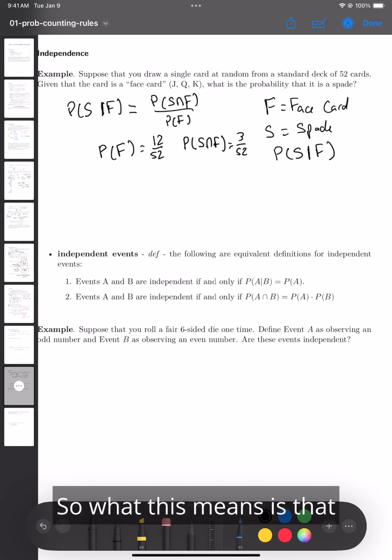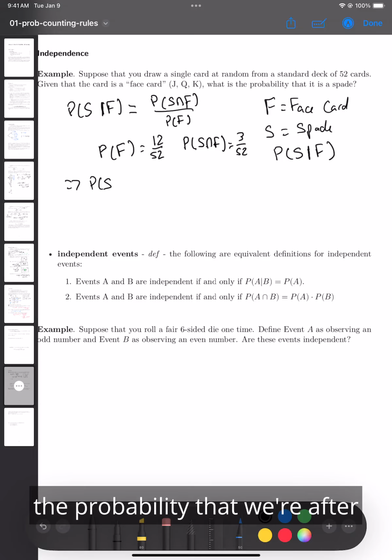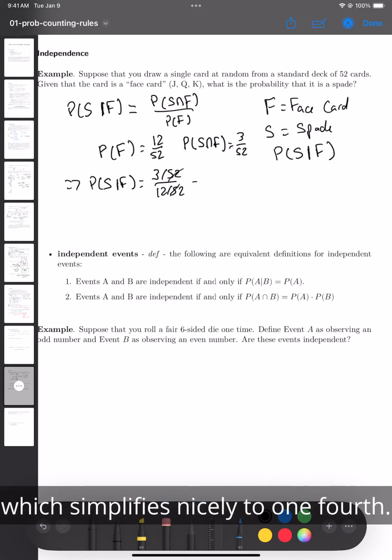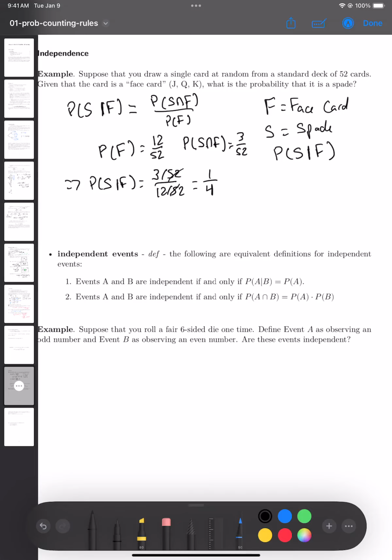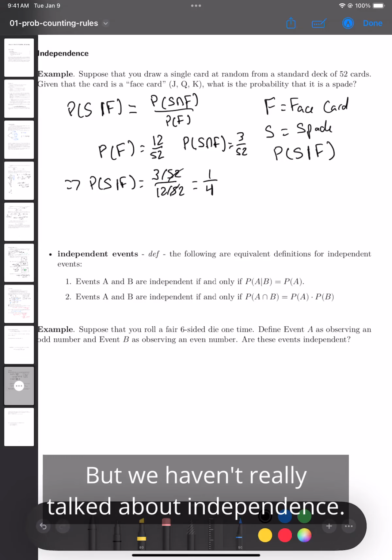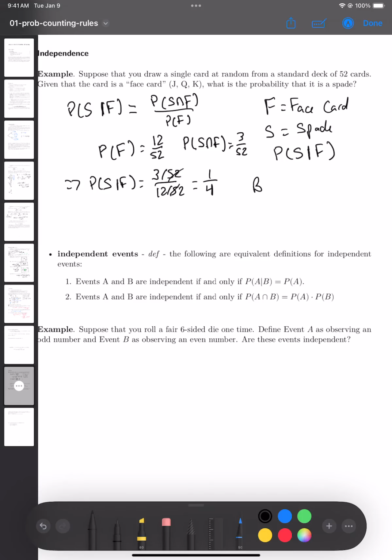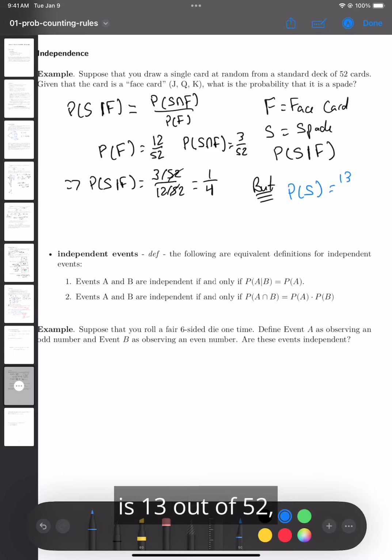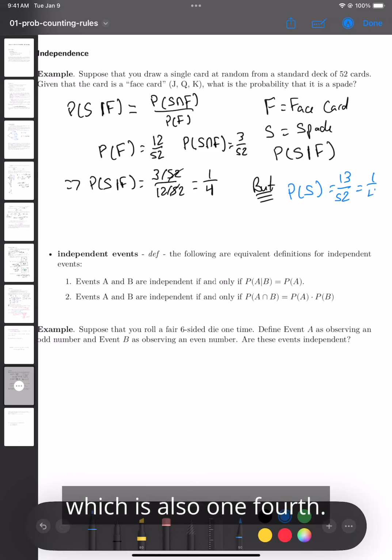So what this means is that the probability that we're after is just 3 over 52 divided by 12 over 52, which simplifies nicely to 1/4. But we haven't really talked about independence yet. The probability of a card being a spade in the first place is 13 out of 52, which is also 1/4.